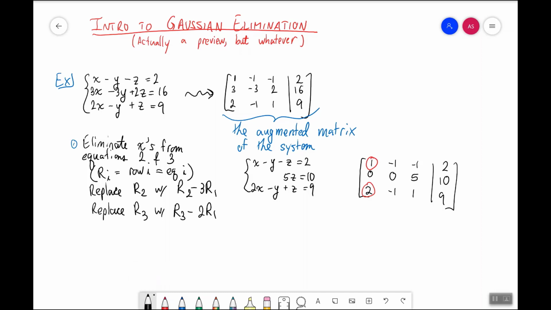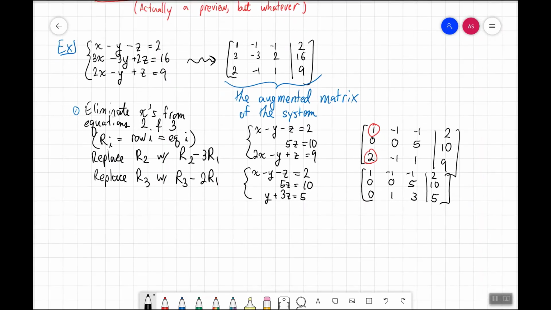So doing this and going through the same procedure I did earlier, I'm going to get the system x minus y minus z equals 2, 5z equals 10, and y plus 3z equals 5. Or the augmented matrix, 1, minus 1, minus 1, 2, 0, 0, 5, 10, and 0, 1, 3, 5. Let me move things up a little bit so I have more room.